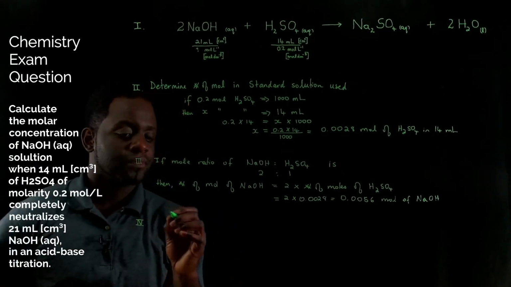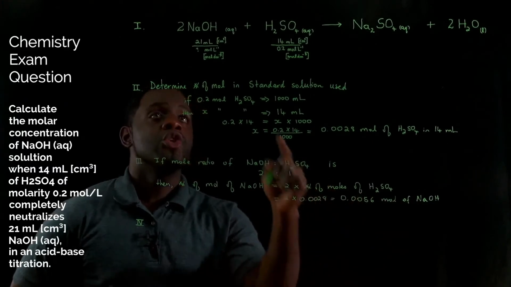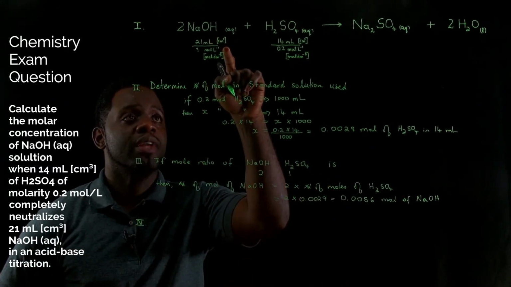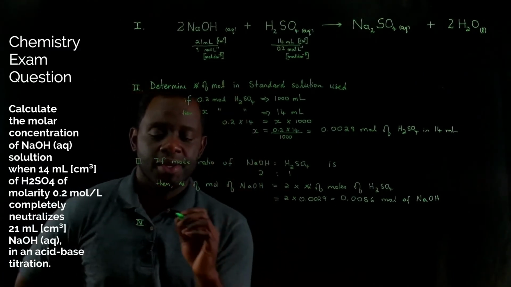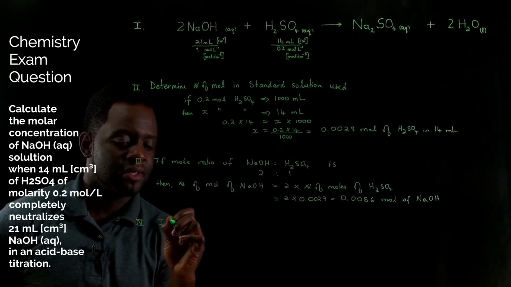So we know how much we have in 21 milliliters, so how much will we have in 1000? So again, our simple if and then statements.